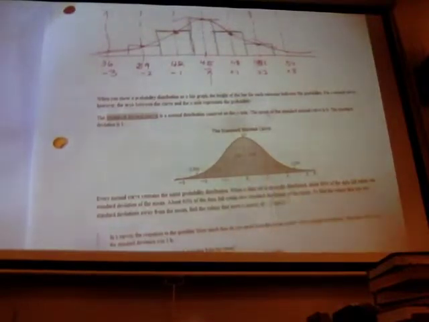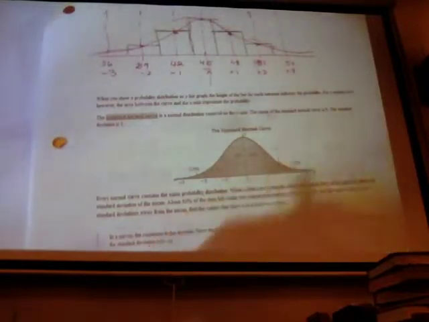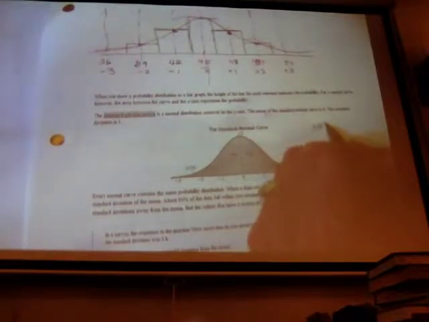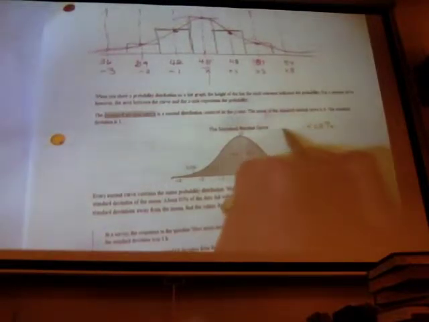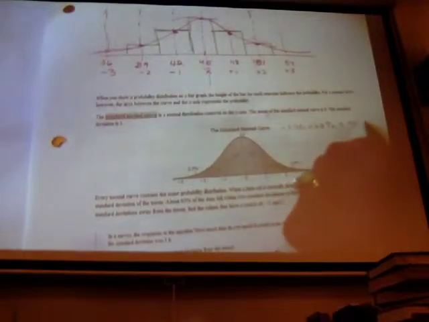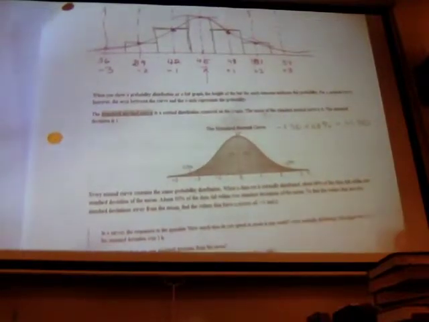This is always 34% to the left and right of the mean. So within one deviation, in a standard normal curve, it will be 68% between the -1 and the +1. Okay?